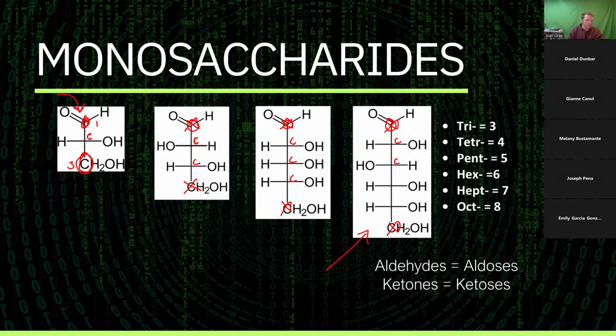What is the carbon number of the highest numbered chiral center? And for that, you have to go by your priorities. So this is carbon 1, 2, 3, 4, 5, and 6. Okay, what is my highest numbered chiral carbon?